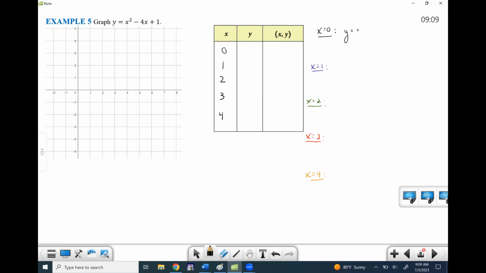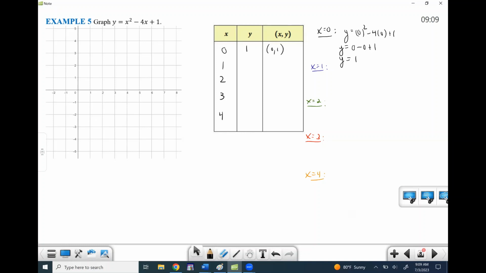So y equals 0 squared minus 4 times 0 plus 1. So that's going to be y equals 0 minus 0 plus 1. So that's going to be y equals 1.